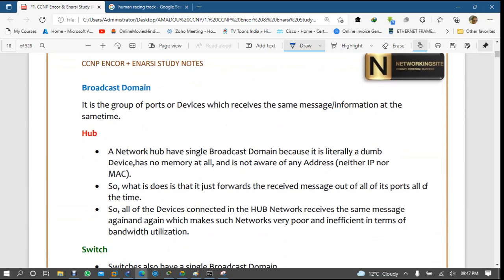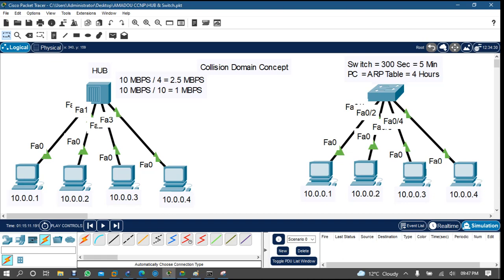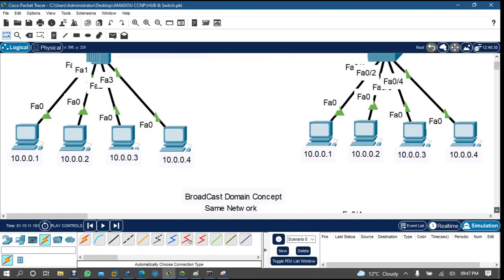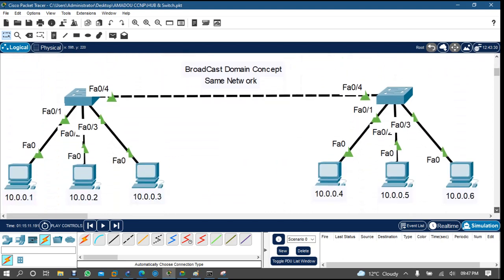Now let's talk about broadcast. What is broadcasting? It is a group of ports or devices which receive the same message or information at the same time. Now let's see how broadcasting works.